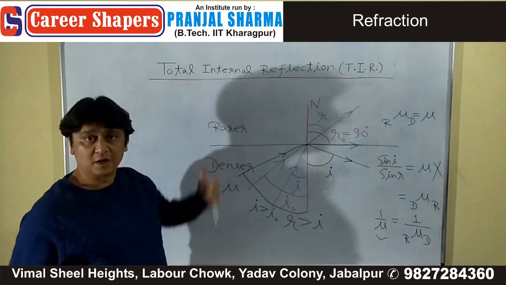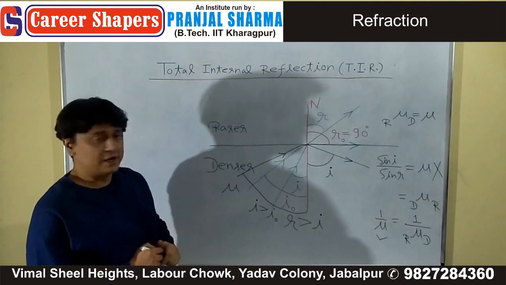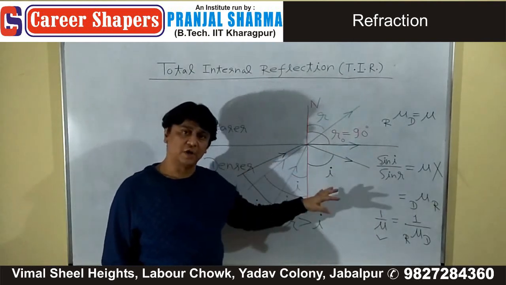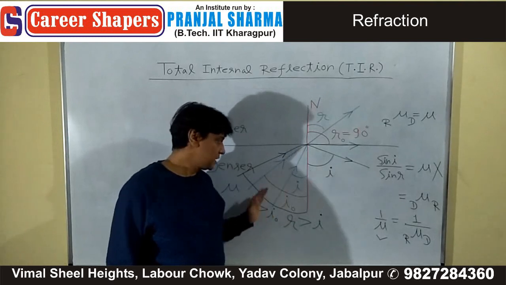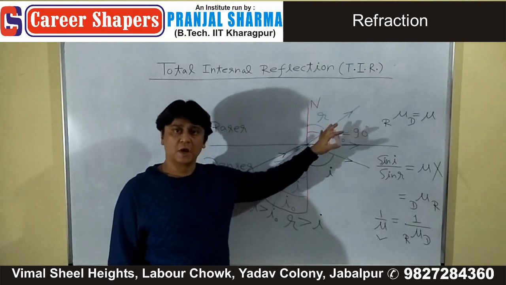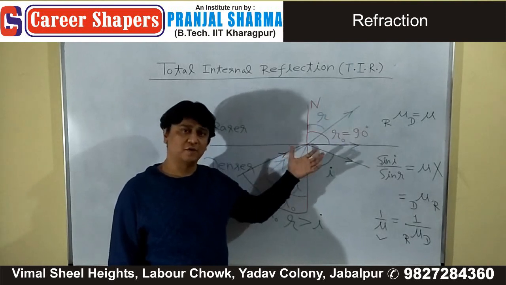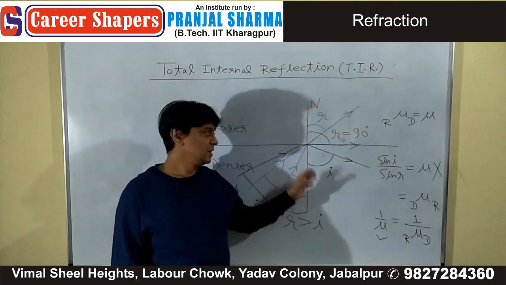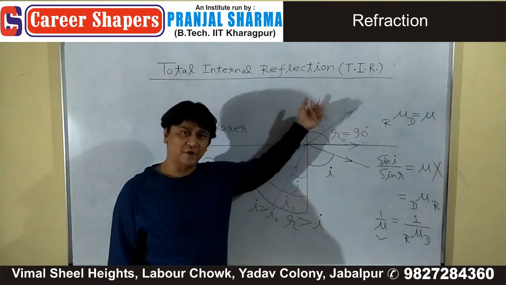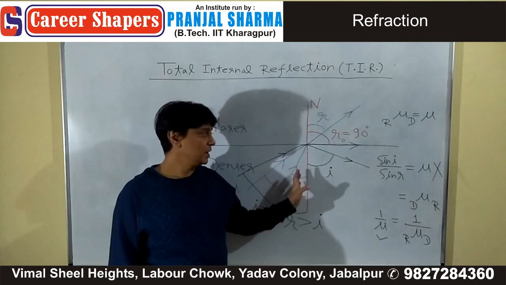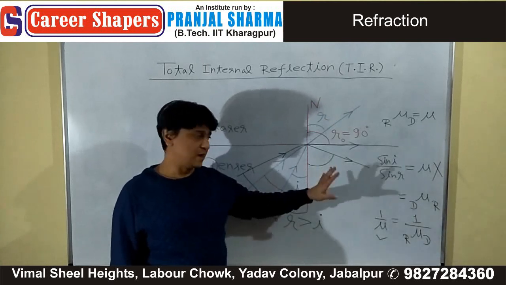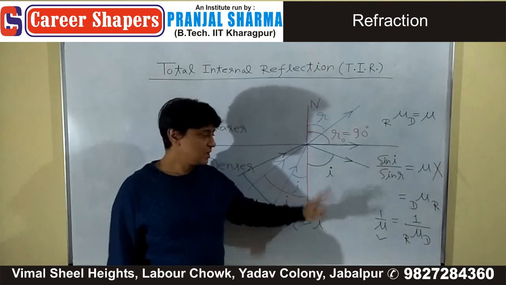Total internal reflection. Now, in a normal situation, what happens? Part of the incident rays get refracted and come out, and a fraction of the energy gets reflected. That is called partial refraction and partial internal reflection. It happens all the time, at all angles.